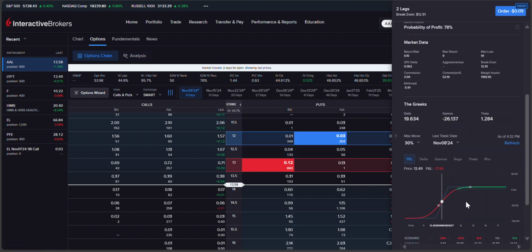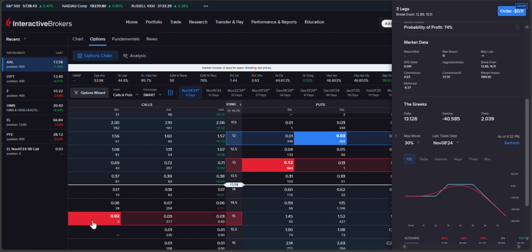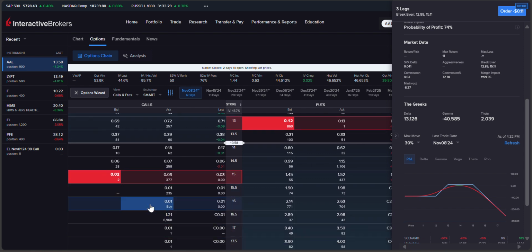And so you will see this profile, and now you see this is basically a put credit spread. And now we're going to do the same for the calls. We're going to sell a call, for example, this one, and we will buy another call, this one, as you can see right here. So basically, you'll have this profile.